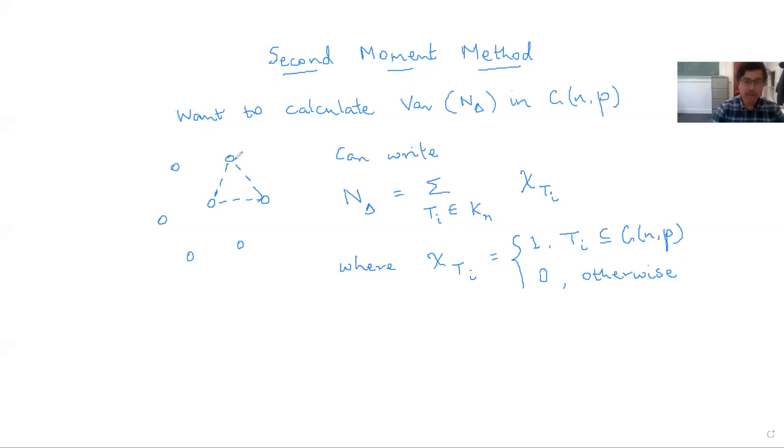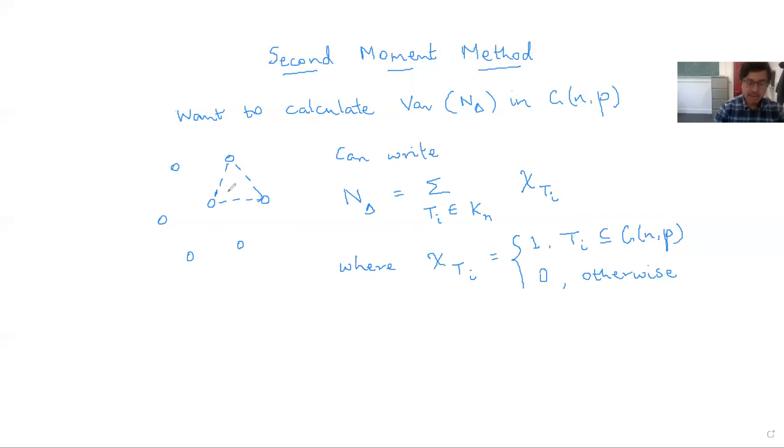So maybe this particular triangle is triangle number 17 in our numbering. How we number them doesn't matter, but we look at all possible triangles, number them, and then we are going to ask whether each one of them is present. That's this indicator random variable. And by adding up all these indicators, we find how many triangles are actually present in GNP.